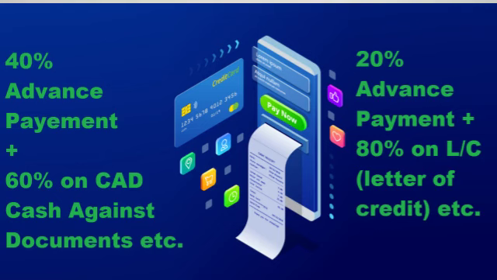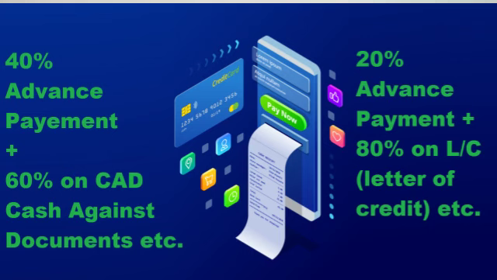So in order to reduce the risk in 100% advance payment, the buyer can propose not 100% advance payment, but a partial advance payment, let's say 50% or 30%, and the rest of the payment can be agreed on CAD, cash against documents, or even LC, letter of credit.